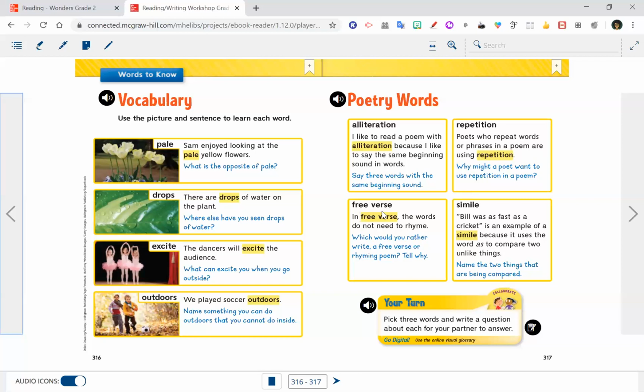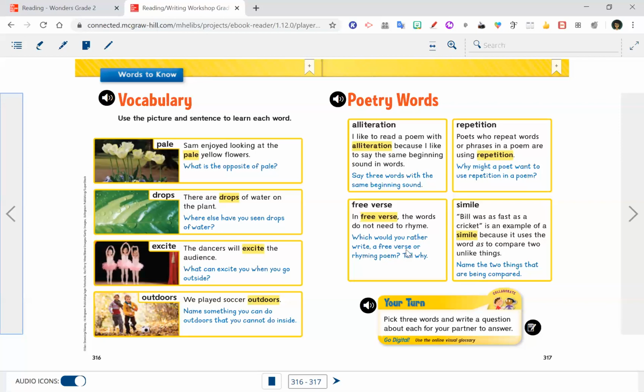Next, we have free verse. Most poems are known for rhyming, but in free verse, the words do not need to rhyme. Whoa, a poem without rhyming? That's weird, but not so quite weird, because it is possible to have free verse, where you write your feelings and your thoughts without using rhyming words. So which one would you rather write?